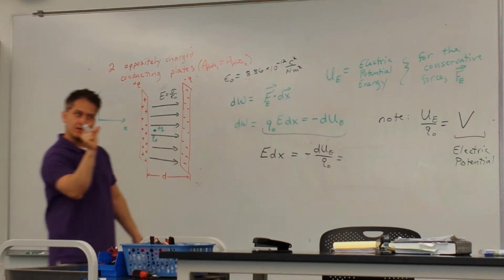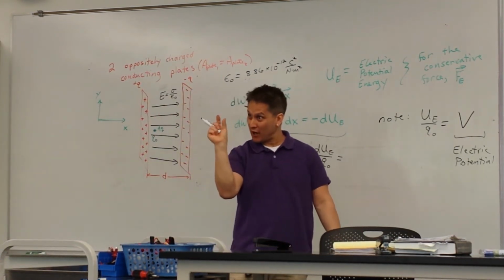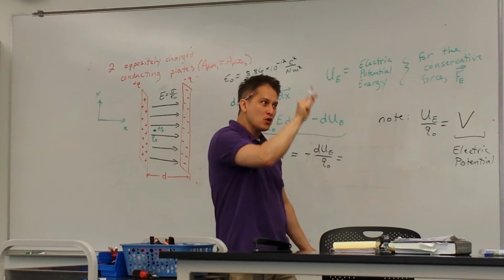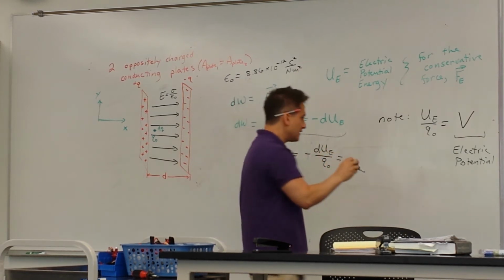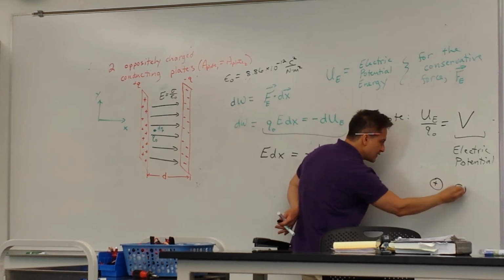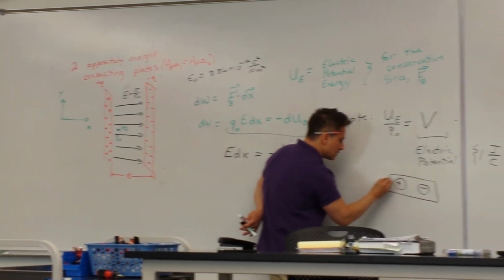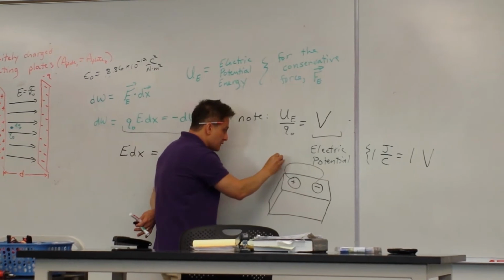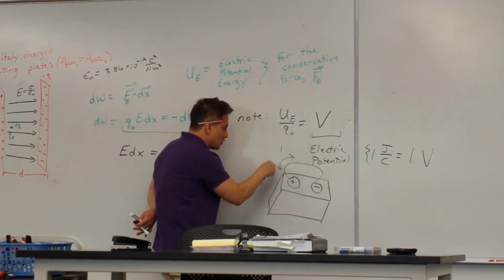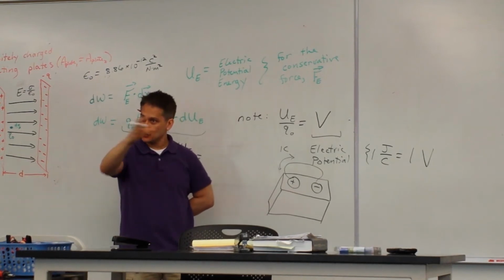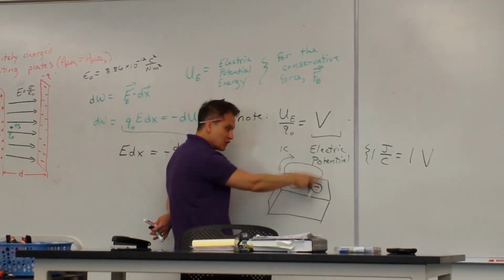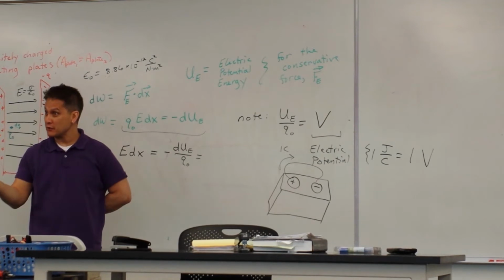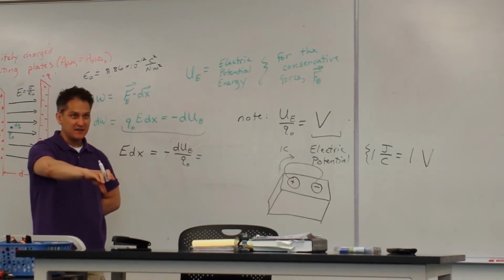So when you think about a battery with a certain voltage rating between the positive and the negative terminals of that battery, what that means is that if you were to push 1 coulomb of charge, if we had a battery that had these terminals and we were to plug a wire in there, the movement of 1 coulomb of electrical charge from one side to the other, and really it's the electrons going backwards, but we typically think of it as positive charge, has an associated energy requirement of 1 joule.